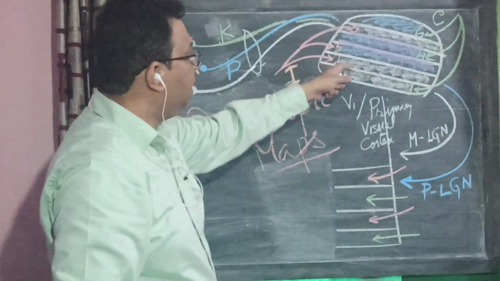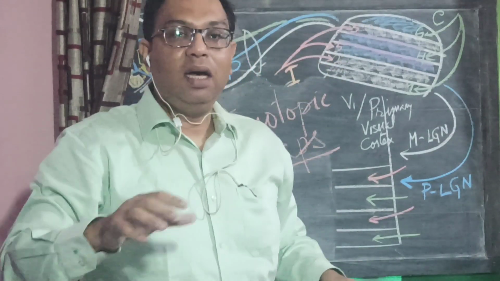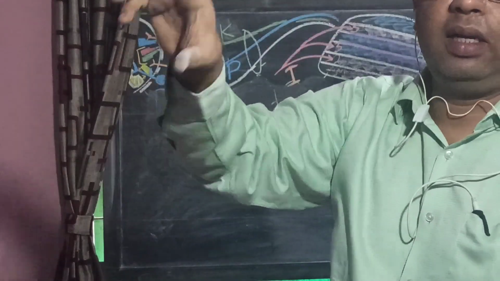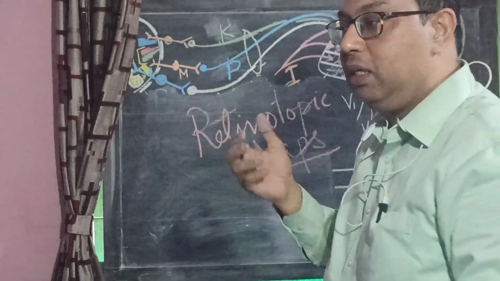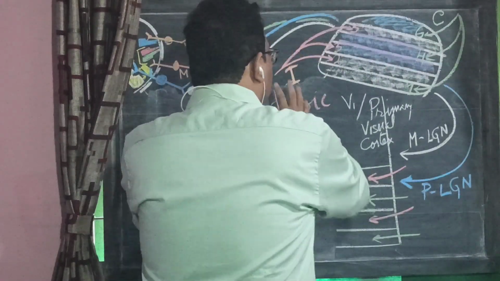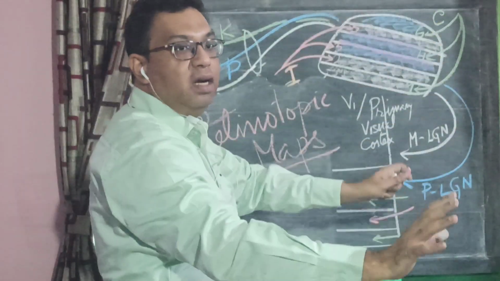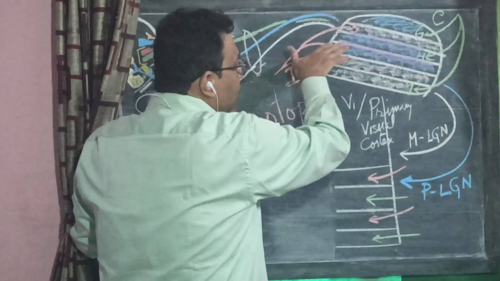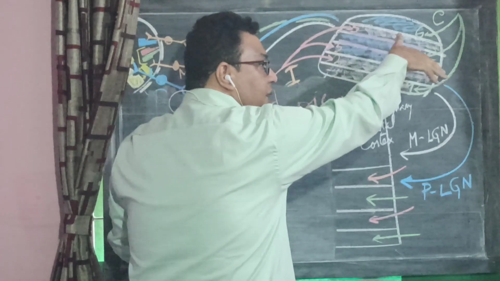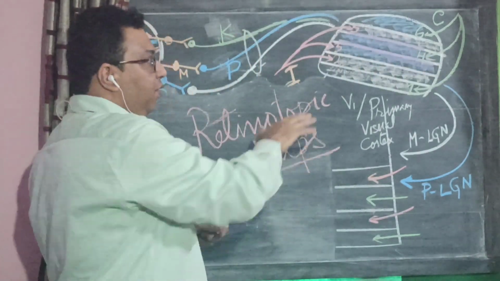So each layer has a map of the visual world. It is like having the sensory homunculus or the motor homunculus, a representation of the external world, the visual representation of the external world, located in a very coordinated fashion.